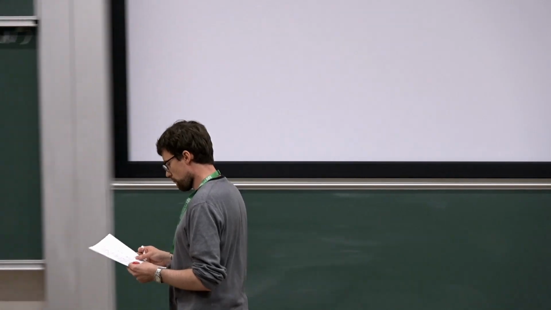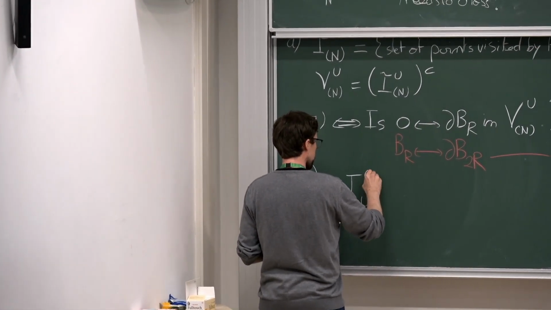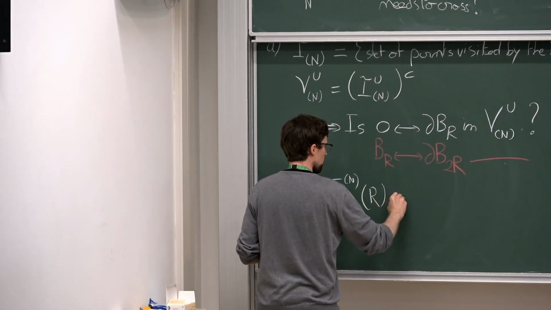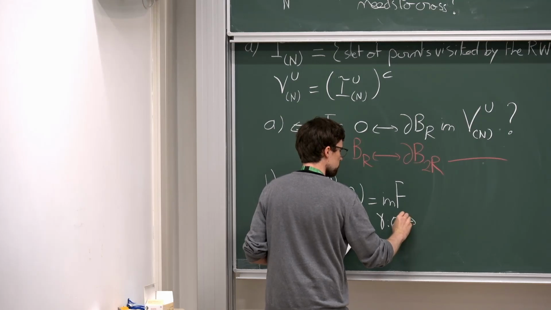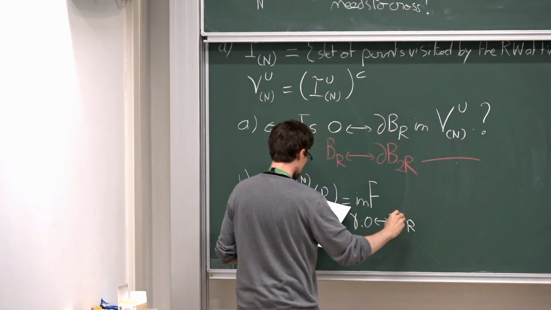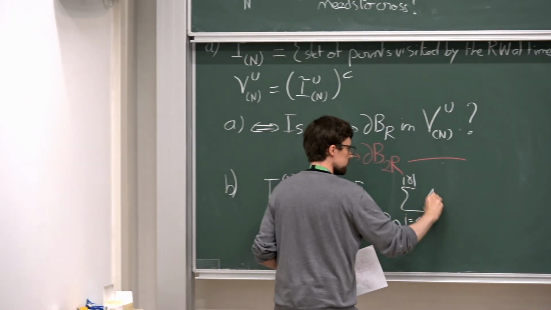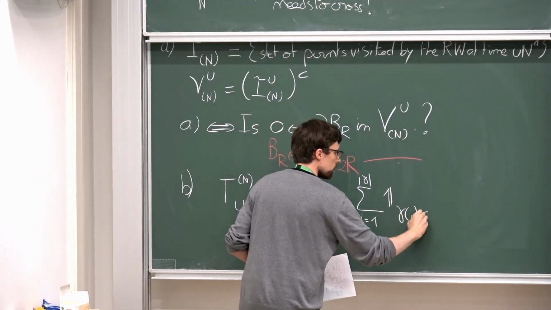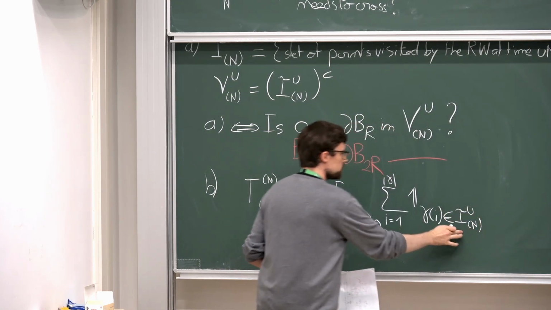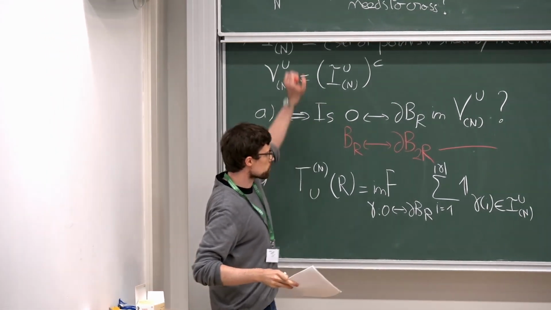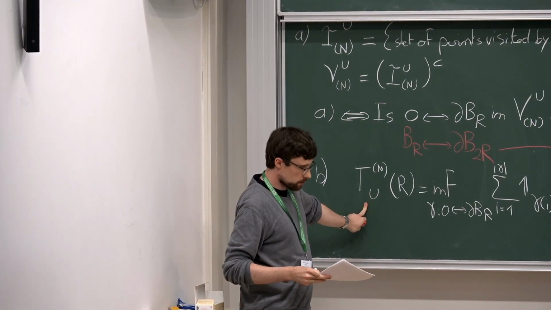So this means I have a quantity T which depends on U and N, which is the length of the shortest path from 0 to BR, where I only count 1 whenever I hit my random walk. Okay, so this is the indicator function that gamma i is in my random walk, the random walk at time un to the d. Okay, and the question is how big is T?